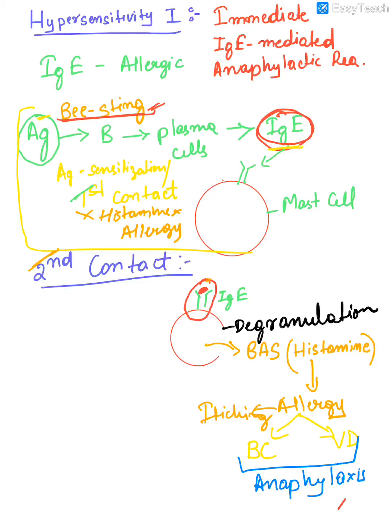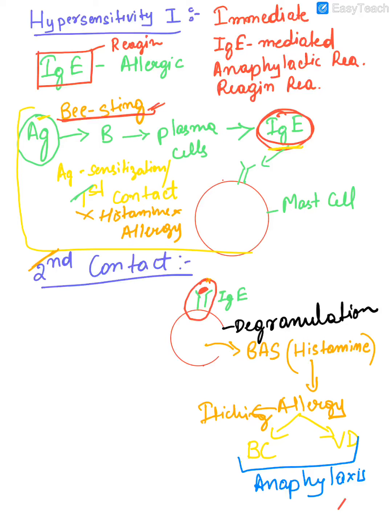There is again another name for hypersensitivity type 1, that is reagin reaction. Why is it called reagin reaction? Because it is because of IgE immunoglobulin, and the other name of IgE immunoglobulin is reagin. That's why this is called reagin reaction too.